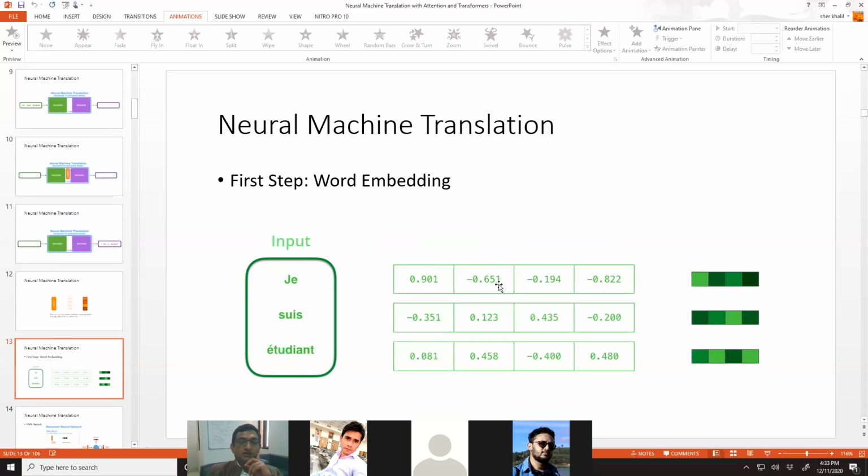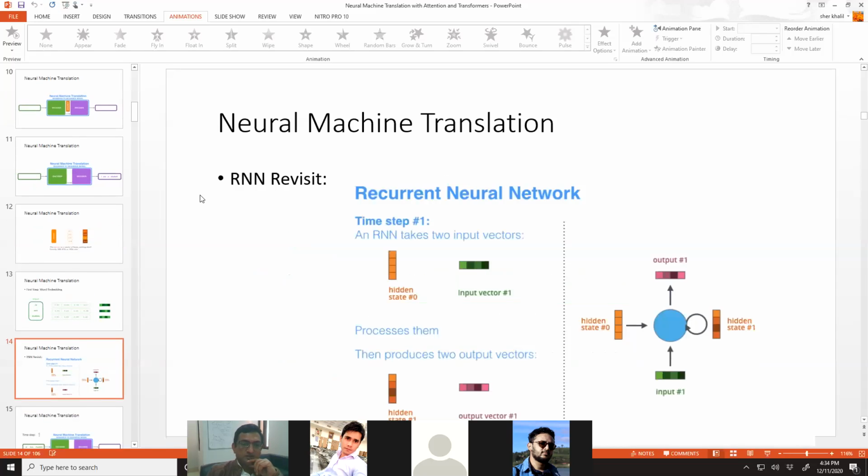So suppose inside fastText, you have this word represented by this vector, another word represented by this vector, another word represented by this vector. Then the first step is to use one of these word embeddings. Now when the word embedding has been done, you know that your encoder is actually an RNN. Your encoder is just an RNN. And just a revisit of RNN.